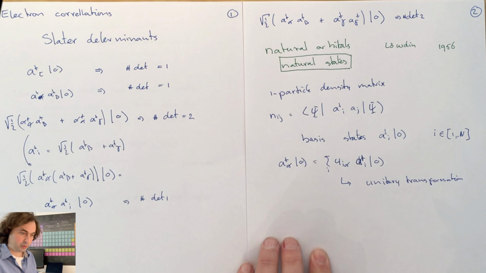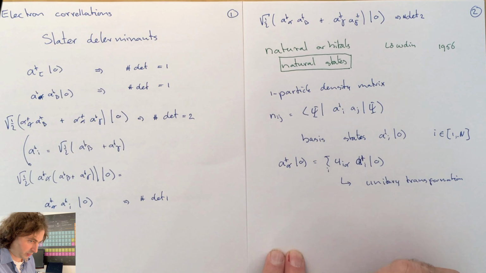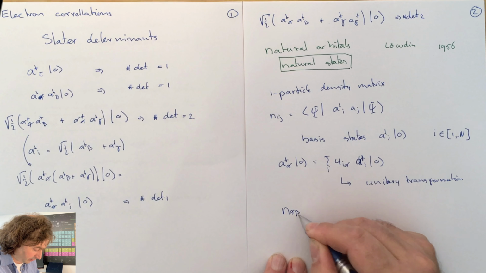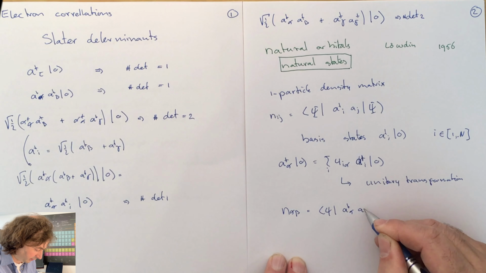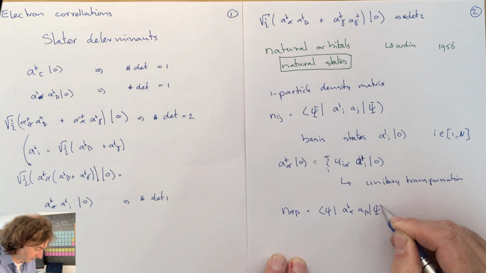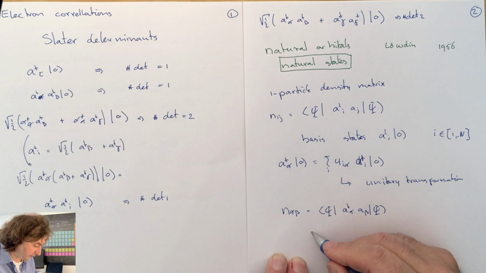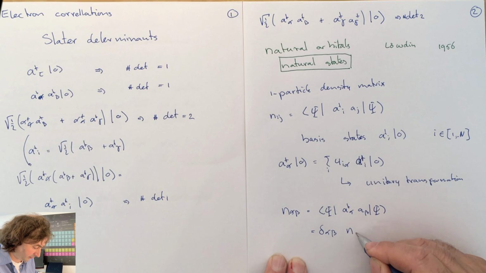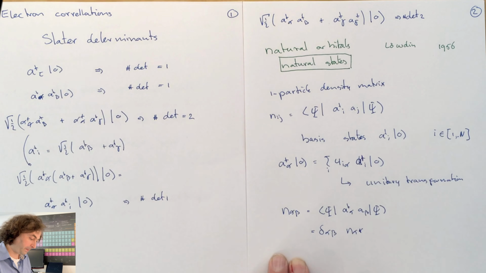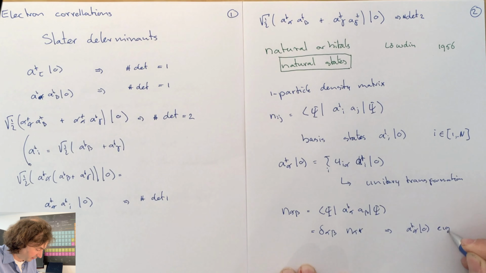We make a basis transformation. And we do this such that n_alpha beta, which is the expectation of a dagger alpha a beta on your many-particle states, is diagonal: delta alpha beta, and n alpha alpha. With that, we know that a dagger alpha acting on 0 are eigenstates of the density operator.